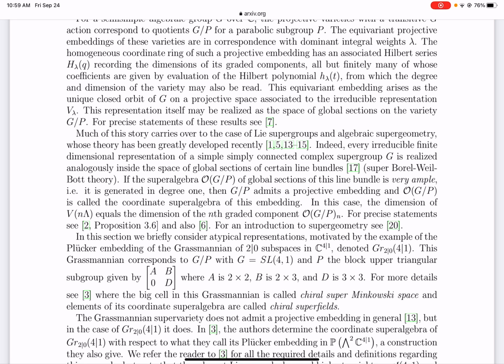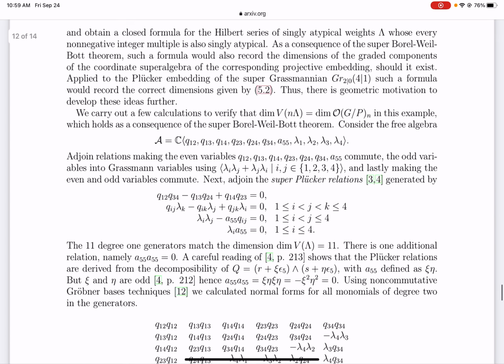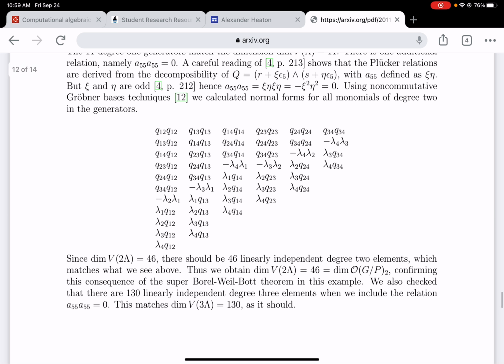But then we got more and more convinced that we did everything correctly. So finally, we computed using Gröbner bases, which is what we're going to learn, the symbolic computation, and we explicitly computed this list of monomials. And we counted them, and there are 46.